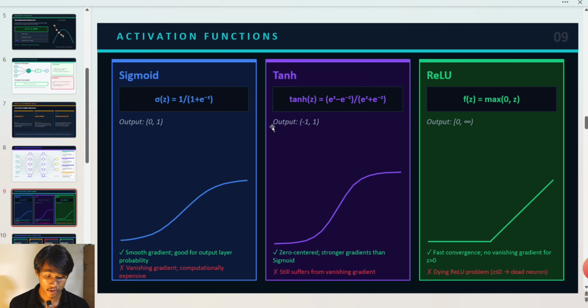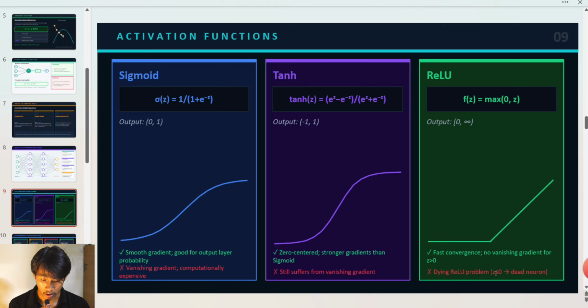Then tanh, which gives output between -1 and 1 and performs better than sigmoid in many cases. And the last one is ReLU. It outputs 0 for negative values and the value itself for positive values, and it is the most widely used activation function because it is very simple and fast.